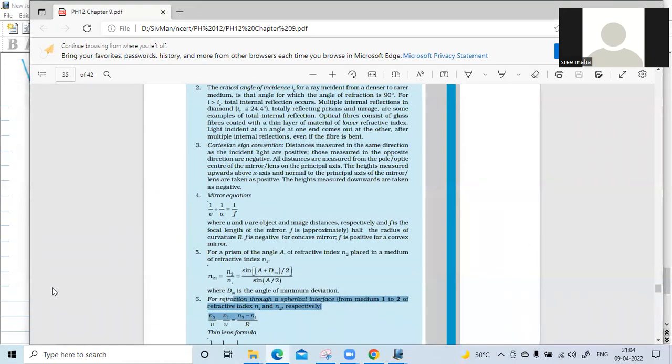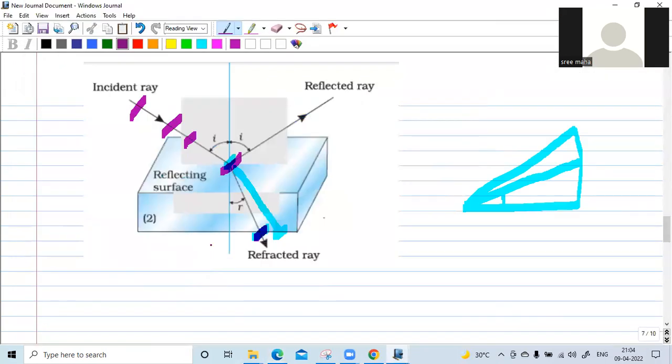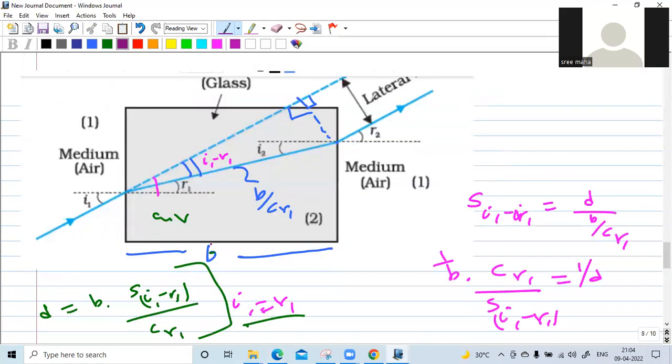See the difference: here we have two faces that are parallel, right? That's why this is just a lateral shift. Suppose they are not parallel, again the condition is the same, Snell's law.